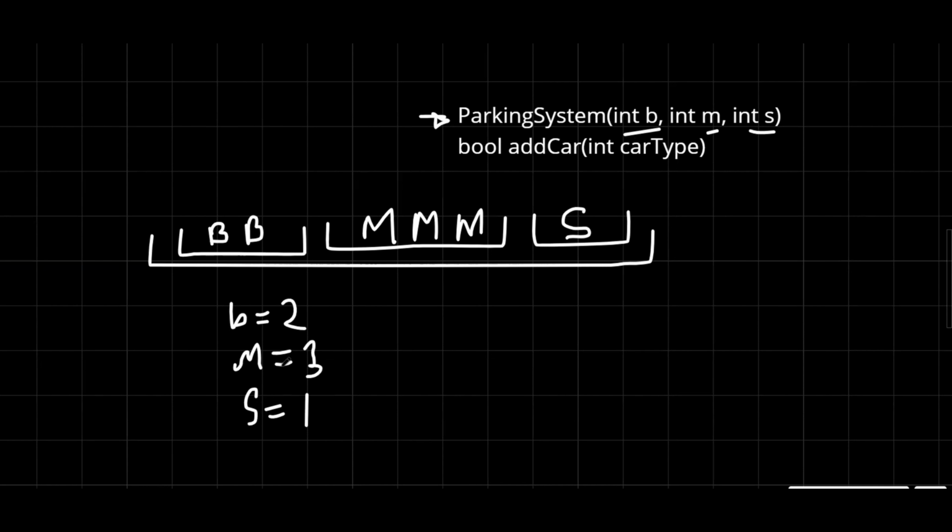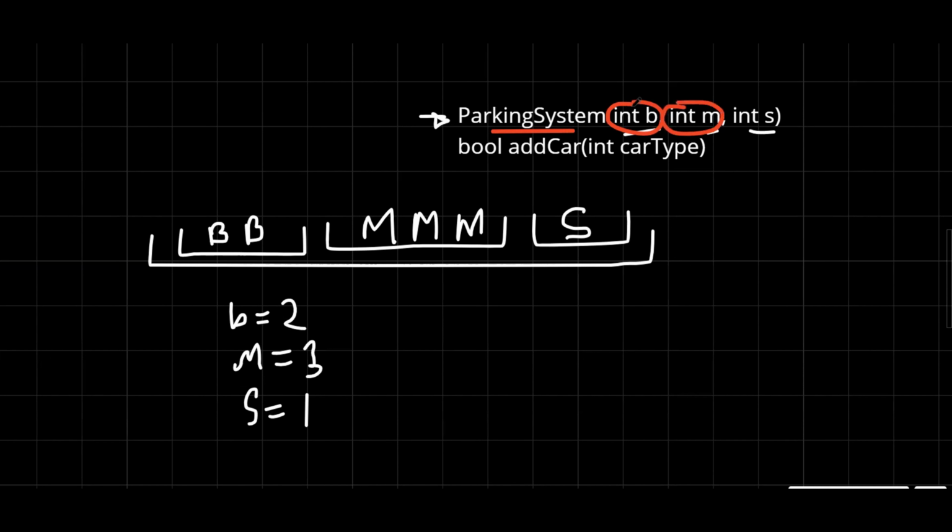So for this constructor, we will take three variables. Initially, the value of the variables B, M, and S will be 0. After constructing, the values of B, M, and S will be replaced according to the parameters.